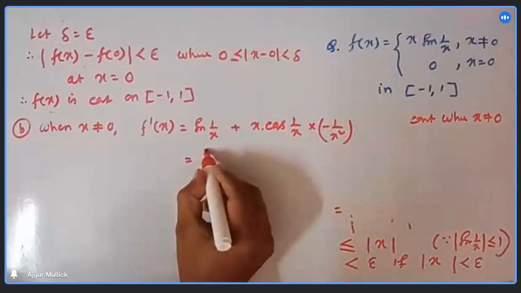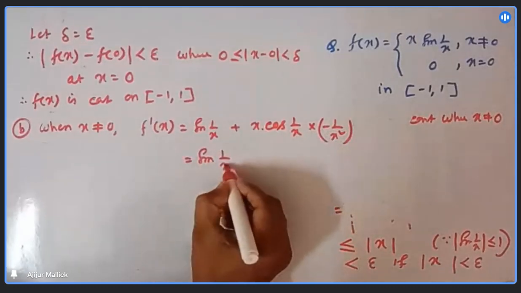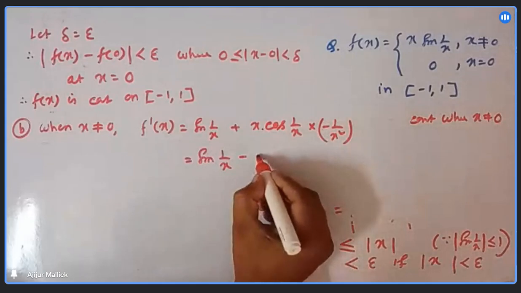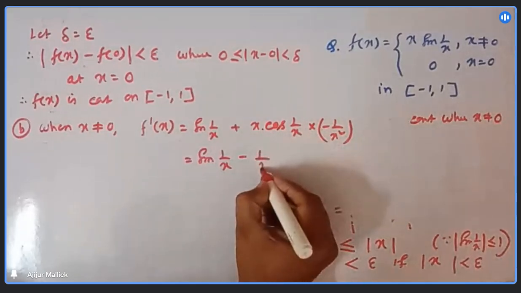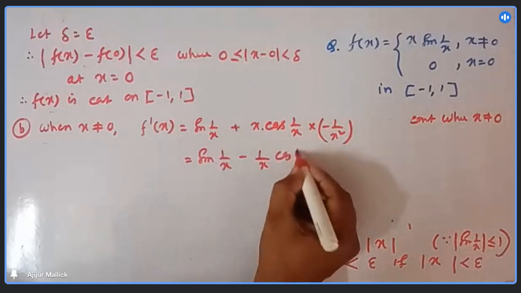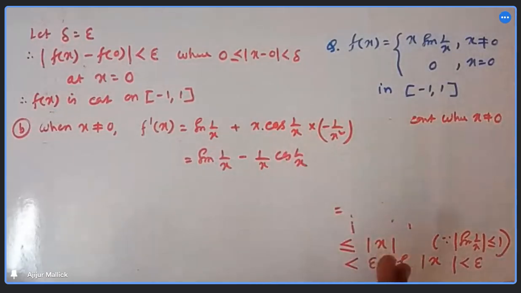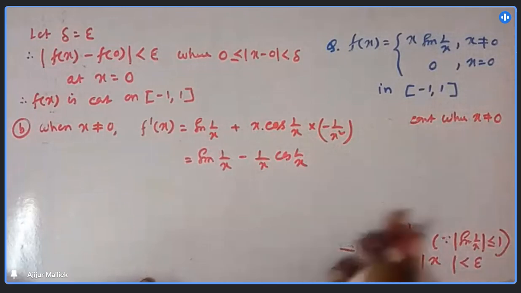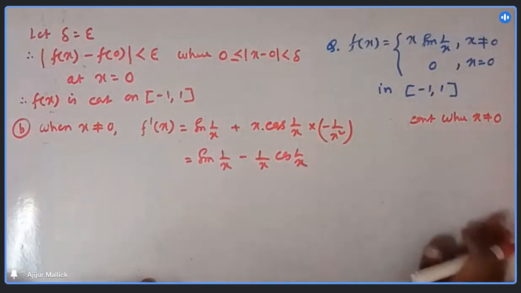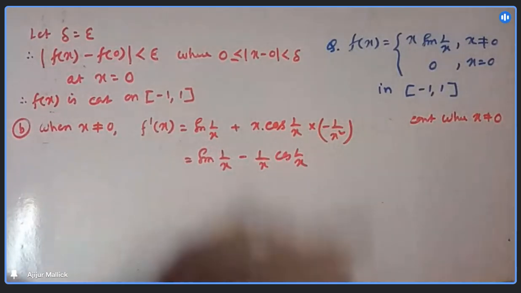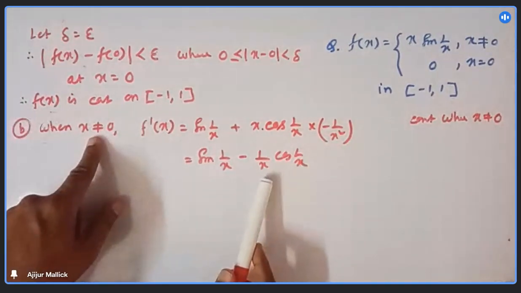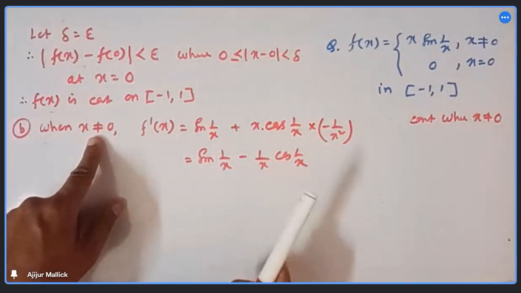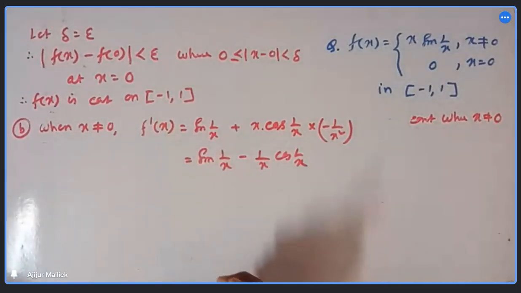So this is equal to sine 1 by x minus 1 by x into cos 1 by x, which exists because here x is not equal to 0.